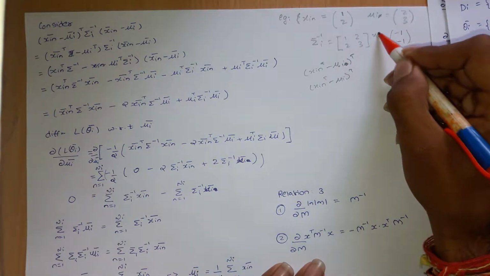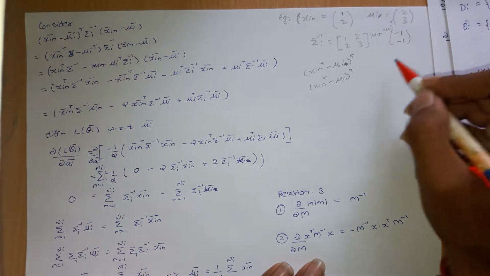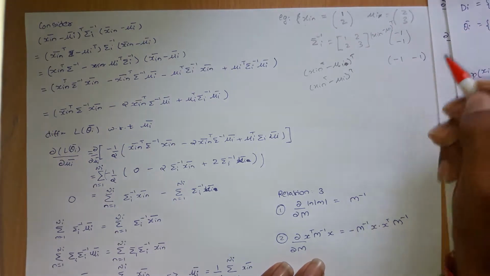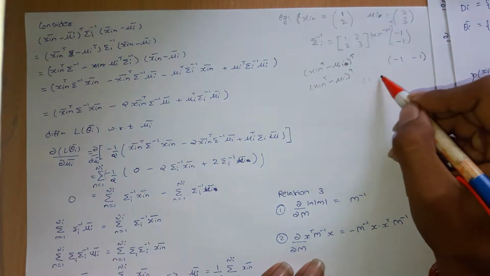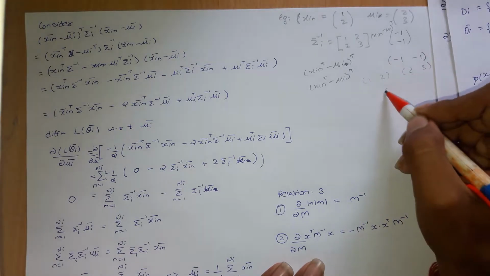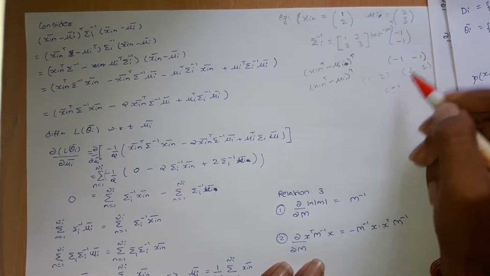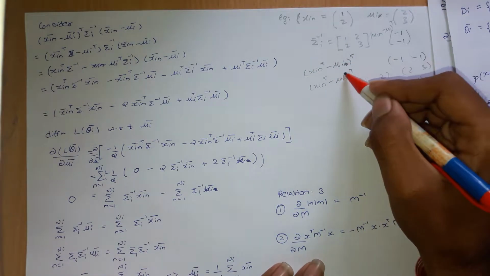So this is x_n minus mu_i. Now if I take the transpose of this, this becomes like this. When I take the transpose of x_n, it will become (1, 2), and (2, 3), and you take the minus. So 1 minus 2 is minus 1, 2 minus 3 is minus 1.